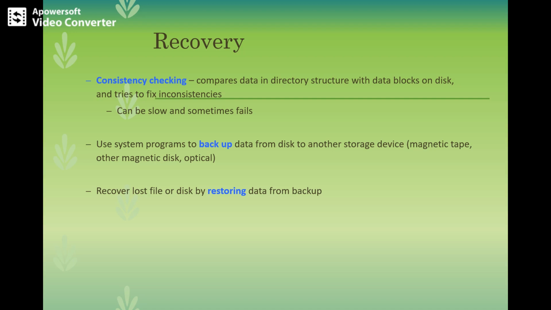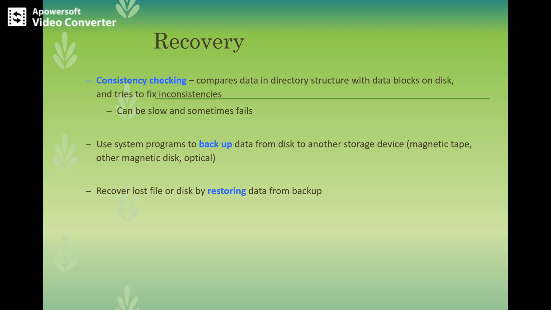The allocation and free space management algorithms tell you what types of problems the checker can find and how successful it will be in fixing them. For example, if you are using linked allocation and there is a link from any block to its next block, then the entire file can be reconstructed from the data blocks and the directory structure can be recreated.